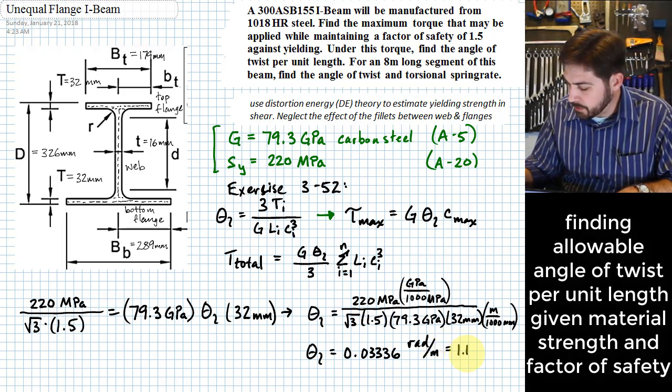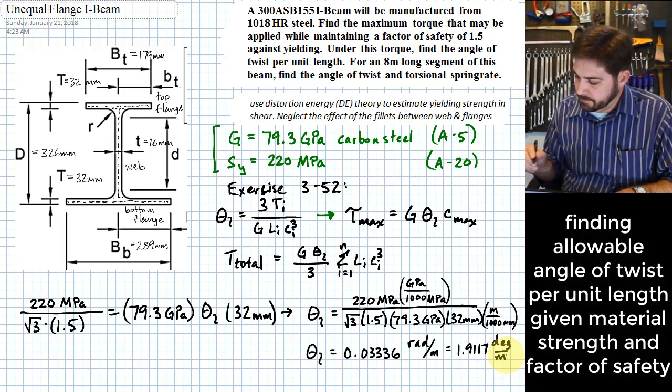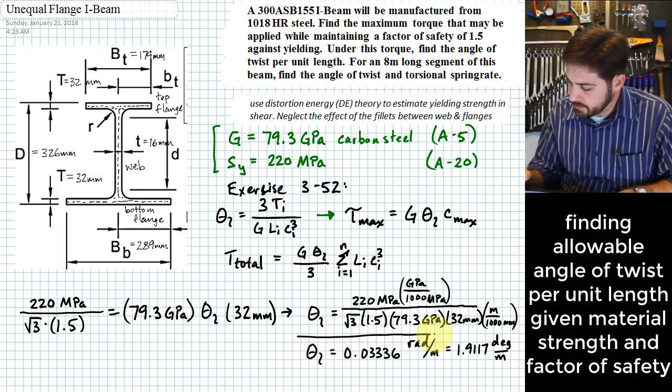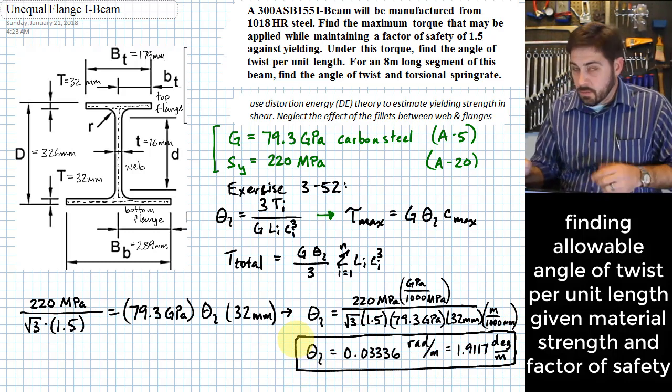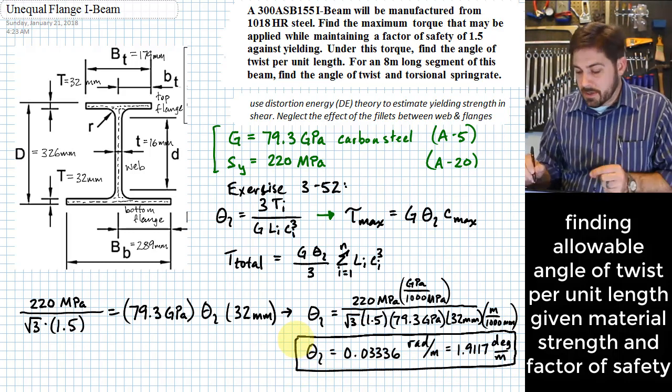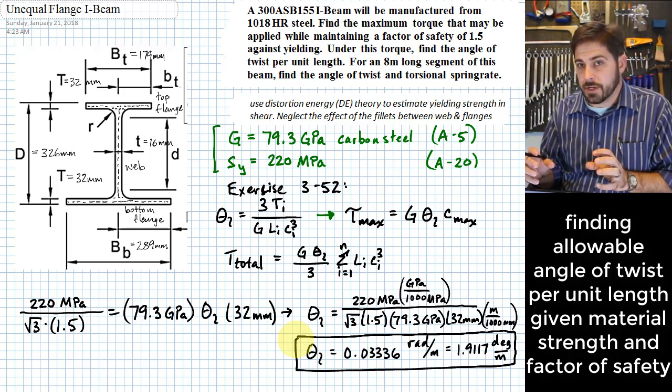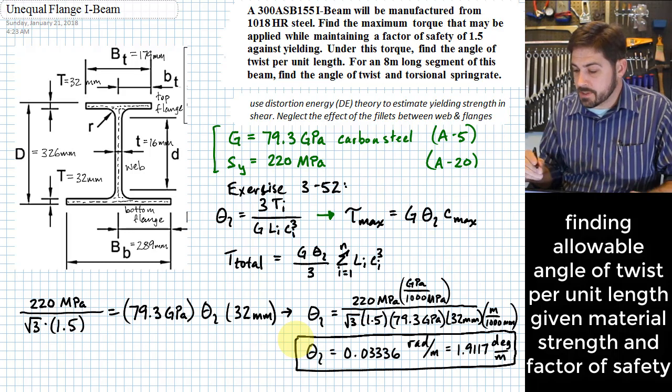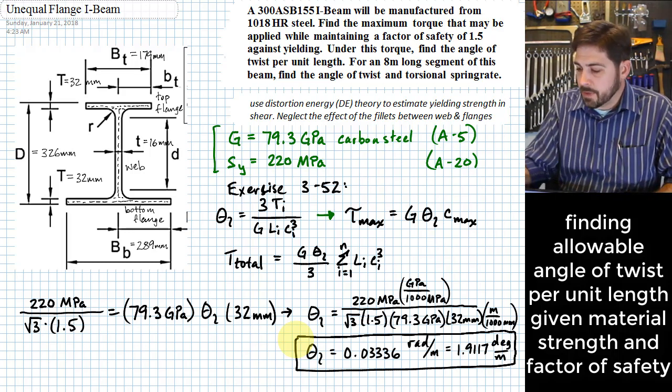It is 1.9117 degrees per meter. Okay, and that's our first step of the process. This is the amount of angle of twist per unit length that gives us the amount of shearing stress that we can tolerate in this material while maintaining our factor of safety of 1.5.